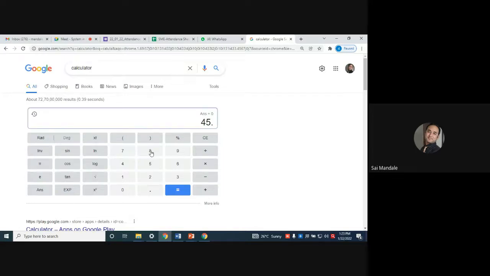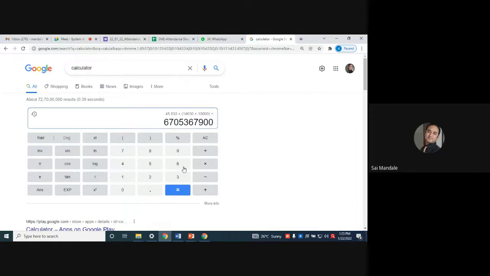45.833 into 14630 into 10 raised to 3. You can see my calculator, yes, sir. Raised to 3 means 1000.